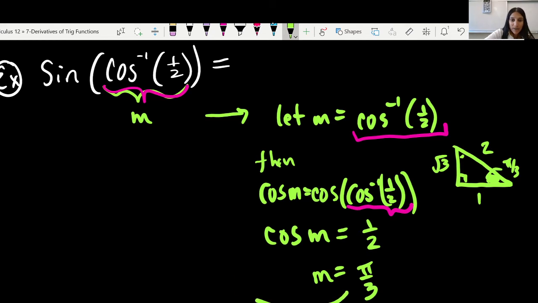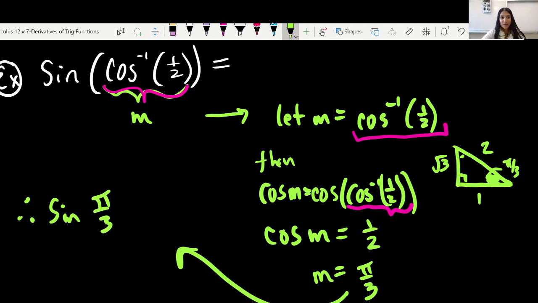So taking it back to up here, oh my goodness, I feel like this is the worst video I've ever made. Sine of pi/3, because we substitute that, like we found this pi/3, we're substituting it back into what we had there, and that sine of pi/3, again, I can just use this over here.